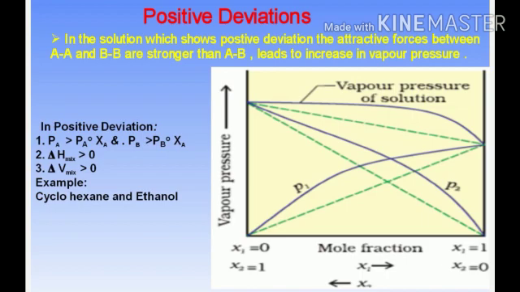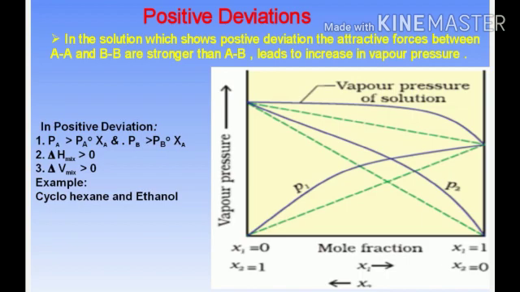And a few examples showing positive deviation are acetone plus ethanol, acetone plus carbon disulfide, water plus methanol, CCl4 plus toluene, acetone plus benzene, cyclohexane plus ethanol. In case of positive deviation, a noticeable change in the volume and heat is observed.